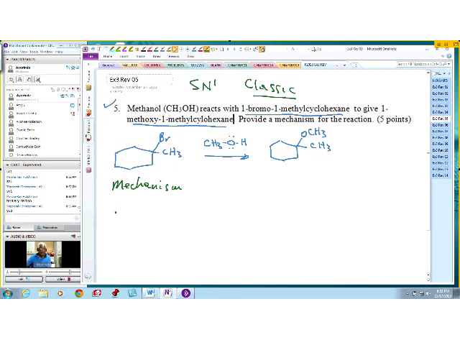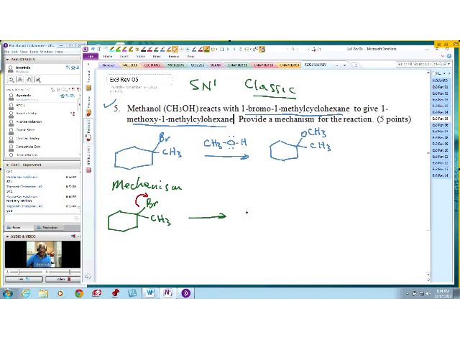So the first thing that happens in the SN1 reaction is that the leaving group will break away from the substrate. Notice what I'm doing here. This arrow simply tells us that a pair of bonding electrons will be pulling away to bromine, thereby forming a carbocation.